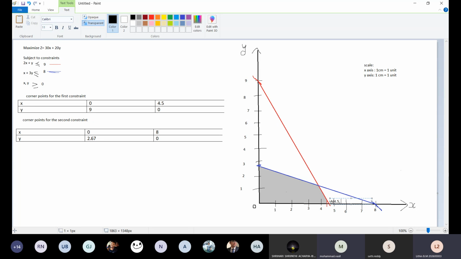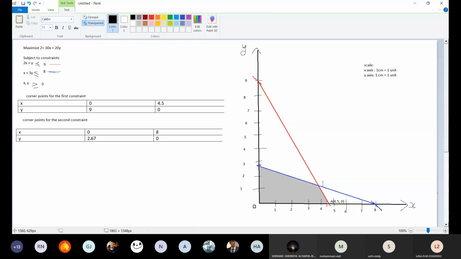No, you have to go horizontally to the y-axis. What is y here? See, come like this. This point, right? So here x is 4.5. What is y? 0. Yeah, it is 0, right?